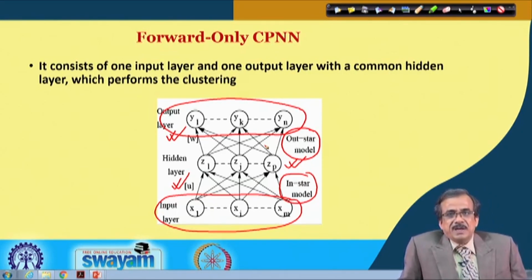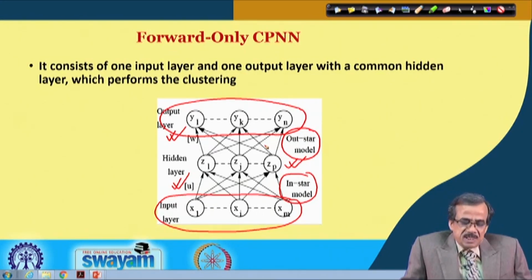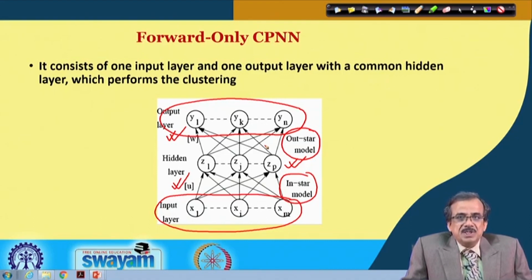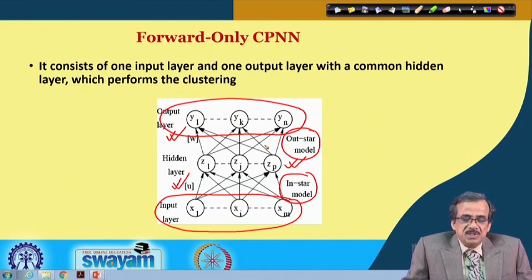As we have already mentioned, this CPNN can be used to model the input-output relationship of any engineering process. If we compare the performance of this CPNN with the back propagation neural network, the multi-layered feed forward network or the radial basis function network, there is a possibility that we may not get as much accuracy.